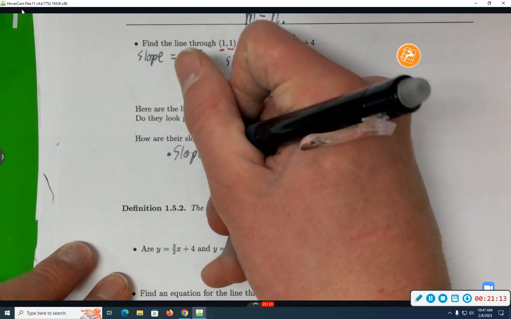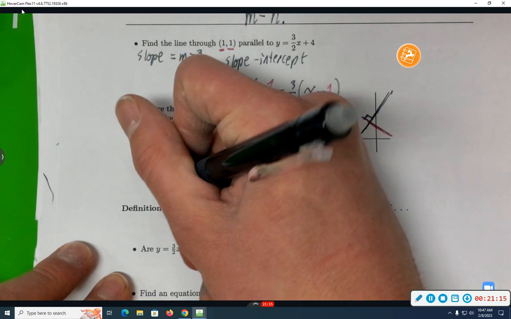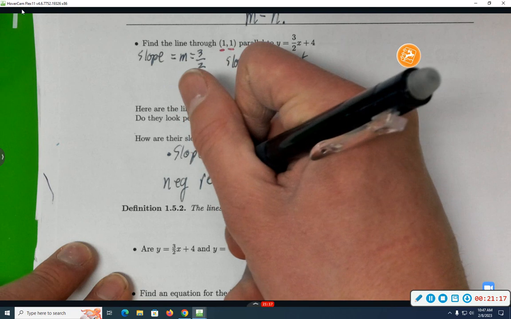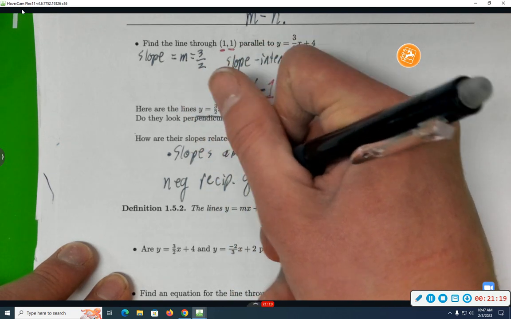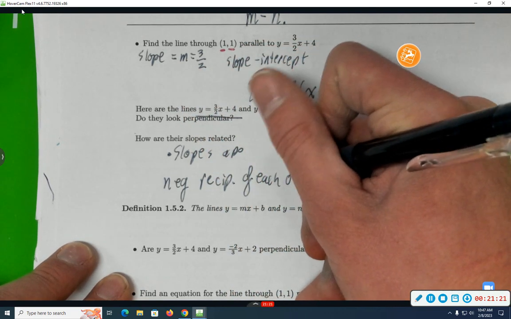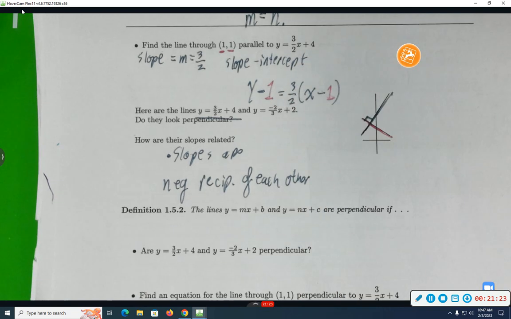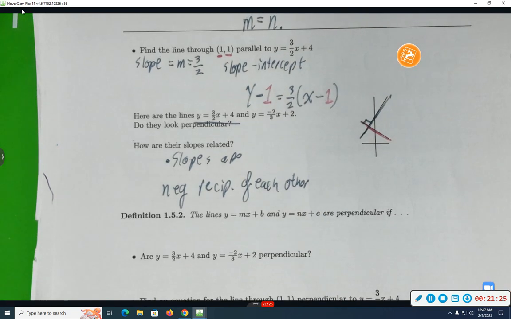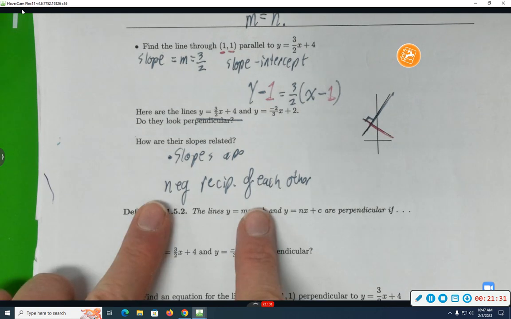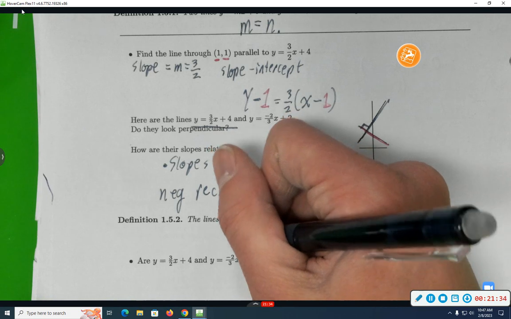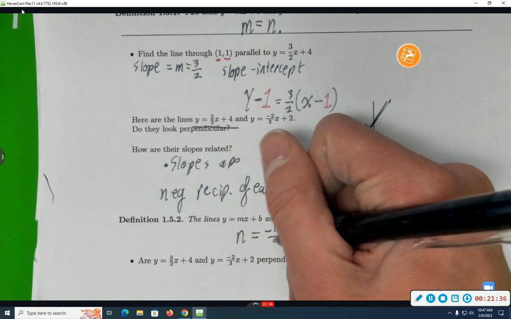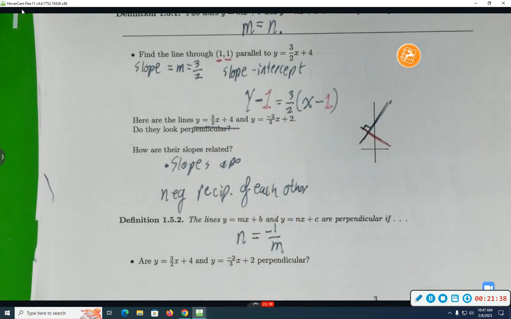Slopes are negative reciprocals of each other. I'm using the word negative instead of opposite, just because opposite feels ambiguous to me. But we can write that down formulaically. What does it mean to be the opposite reciprocal? It means that one of them is negative 1 over the other.